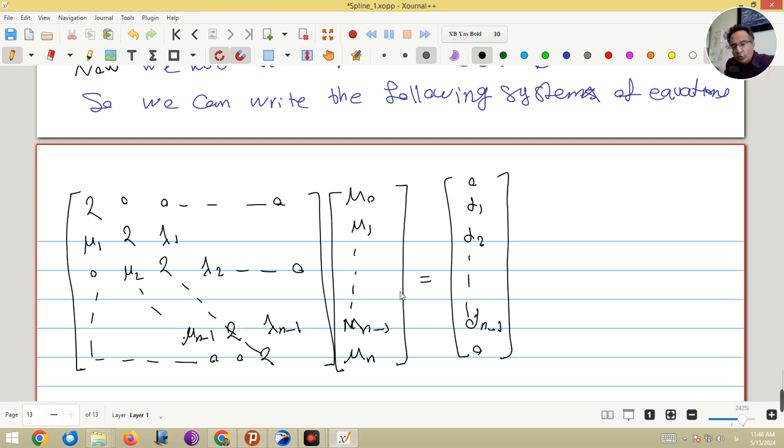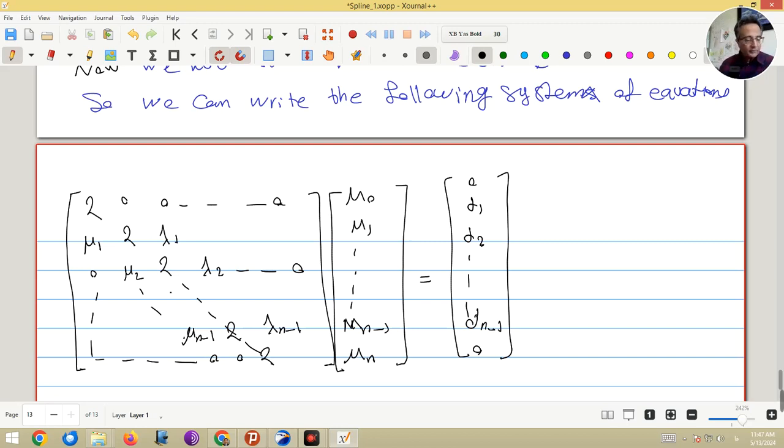I don't continue to complete the proof for all 3 cases, and if you are interested, I suggest you refer to a textbook like Numerical Analysis or any other books that you have, and you can study the full proof. But we just know that this system of equations has a solution because the determinant of this matrix is not 0.